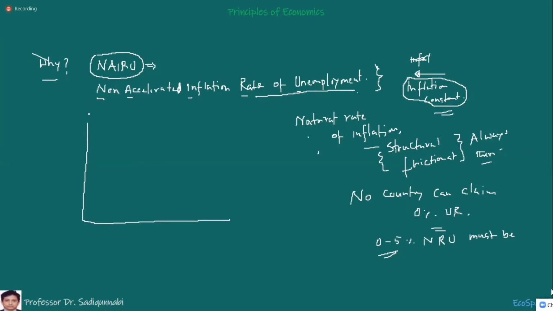Long run, how can we build the long run Phillips curve? So suppose our short run Phillips curve is this, SRPC, okay? And we are here. Full employment, FE. Full employment means all factors of production are employed.